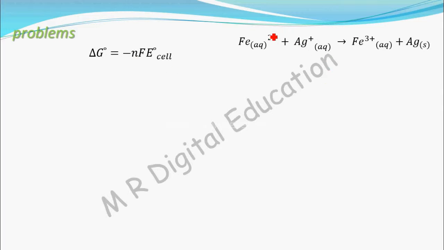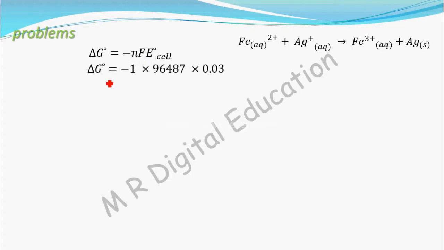Fe2+ is undergoing oxidation to Fe3+. So to convert ferrous to ferric, one electron is liberated, and that one electron is consumed by the Ag+ ion, which is undergoing reduction. So the electrons transferred here are 1. So n equals 1.